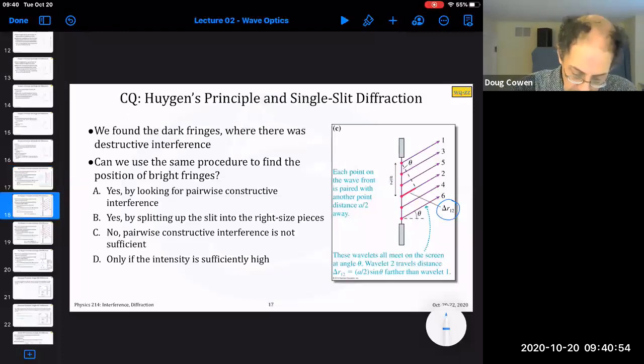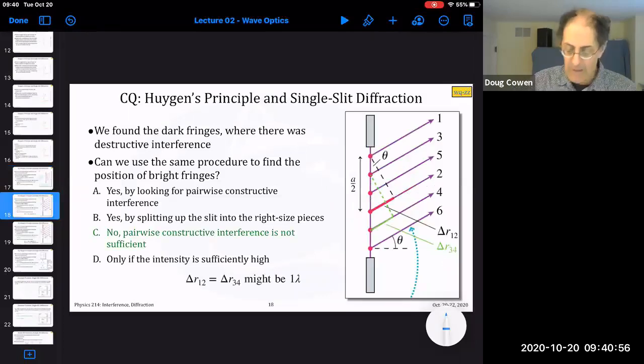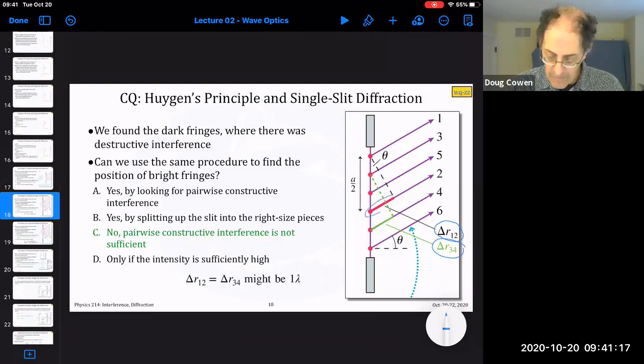The reason that you can't use pairwise constructive interference is kind of subtle. So let me go through it here. It's an important argument to understand. If you look at the figure, I've got two delta R's labeled, delta R12 and delta R34. And delta R12, this distance here, is the same as this distance here, delta R34.